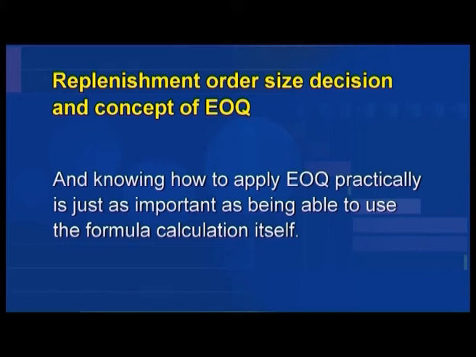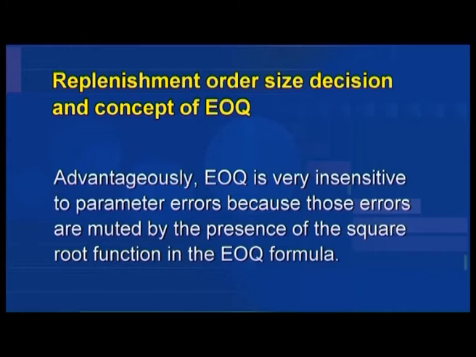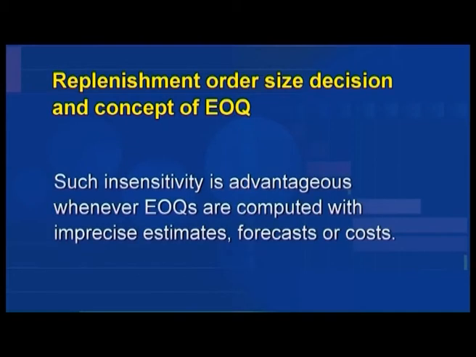Knowing how to apply EOQ practically is just as important as being able to use the formula calculation itself. Advantageously, EOQ is very insensitive to parameter errors because those errors are muted by the presence of the square root function in the EOQ formula. Such insensitivity is advantageous whenever EOQs are computed with imprecise estimates, forecasts, or costs.